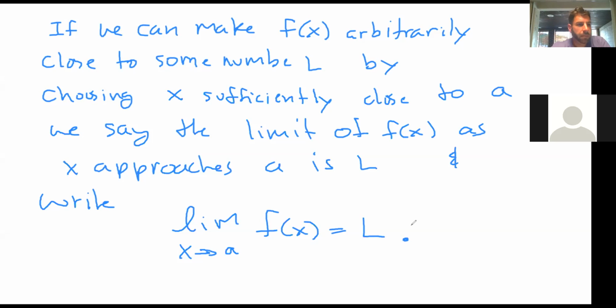So a good way to think about this from a naive standpoint, which will rarely get you into trouble, so here's the key idea.